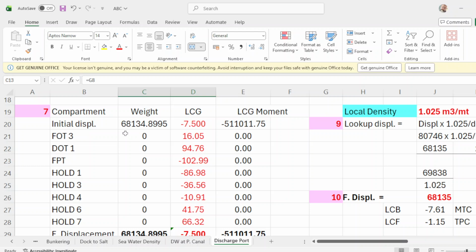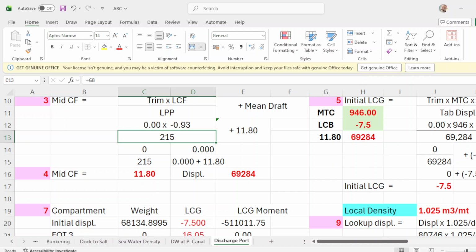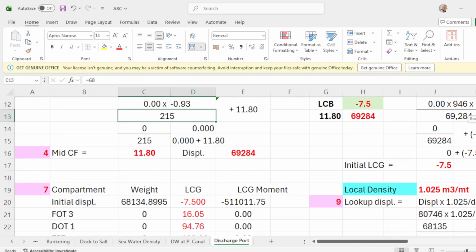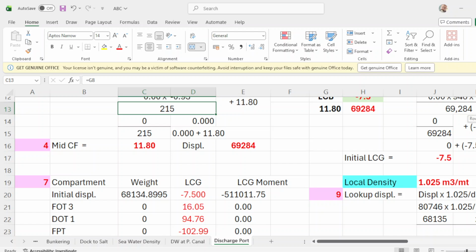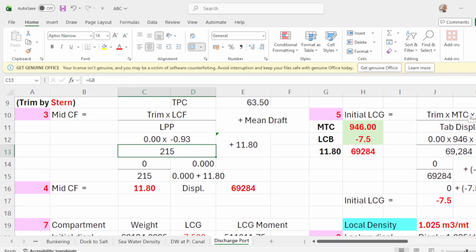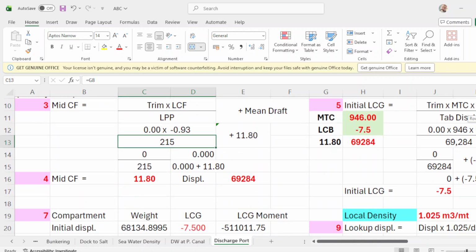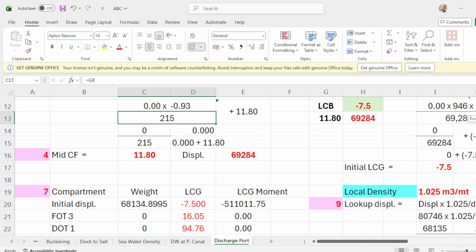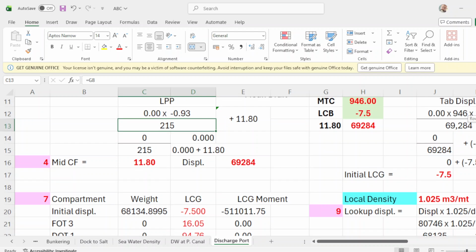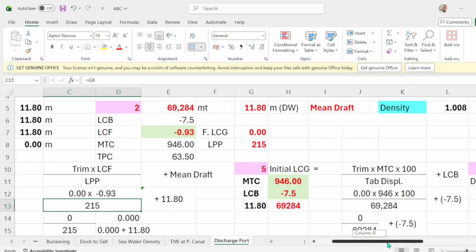See, this is your initial displacement of 68134, which is this one, 68134. Excuse me, initial displacement, that will be number 4.